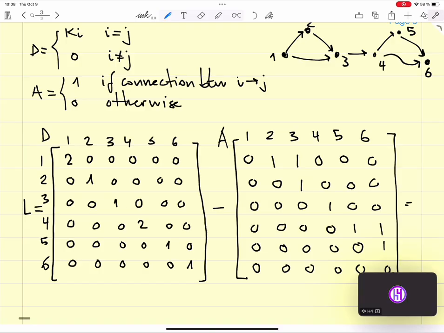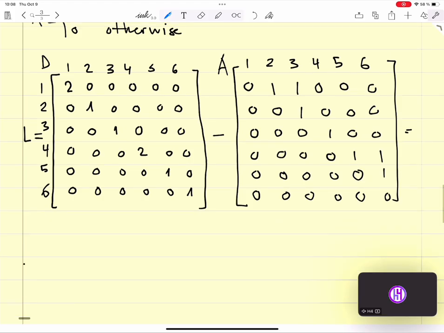And now what do we do? We subtract. I mean, this is easy. 2 minus 0 is 0, right? Again, 0 minus 1 is minus 1, right? Minus 1, 0, 0, 0.